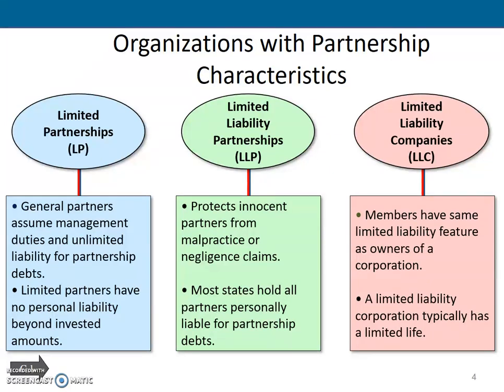A limited partnership is going to have two classes of partner: general partners and limited partners. At least one of the partners has to be a general partner, and they're the ones that are going to be responsible for those debts. They have the unlimited liability. But then you can have other limited partners that have no personal liability. All they have at risk is the amount that they're investing in that partnership.